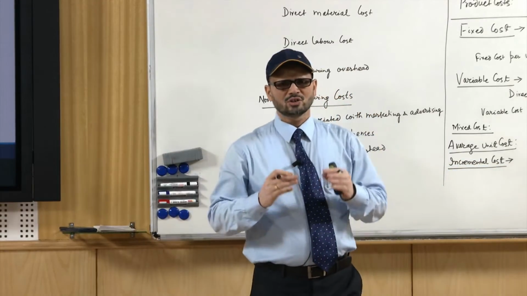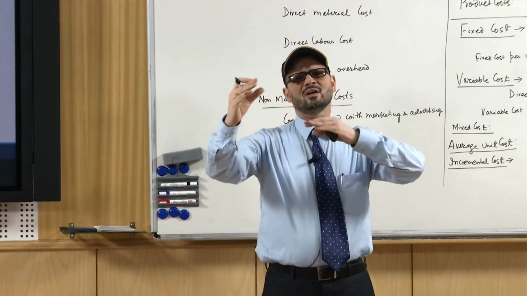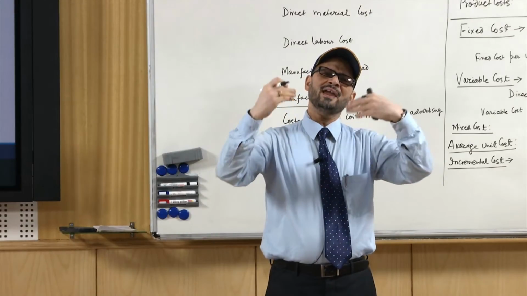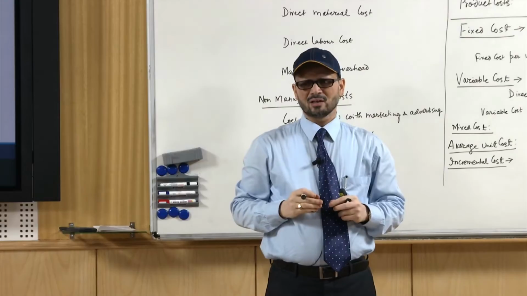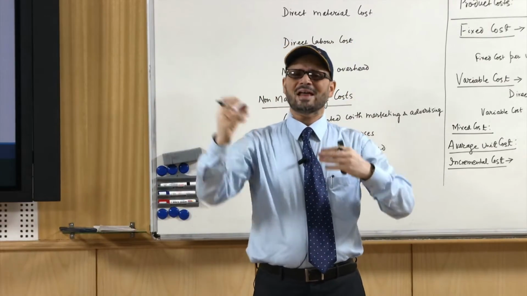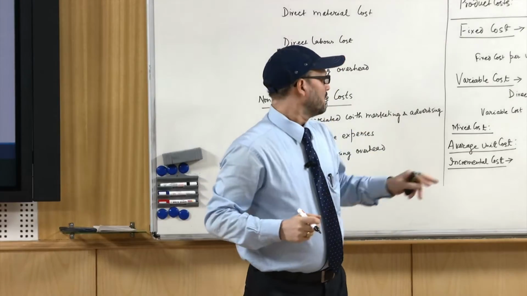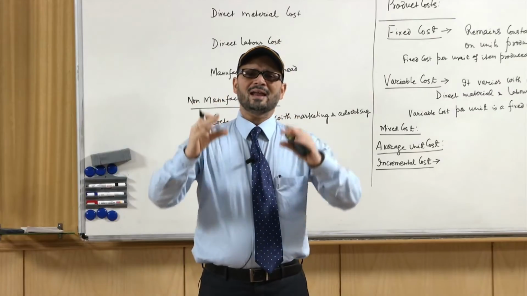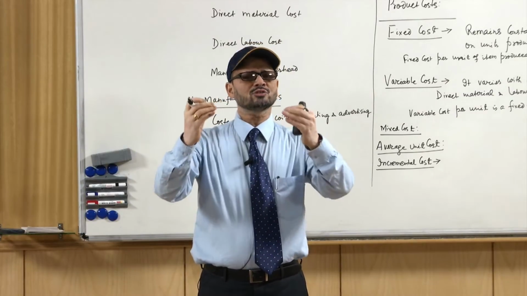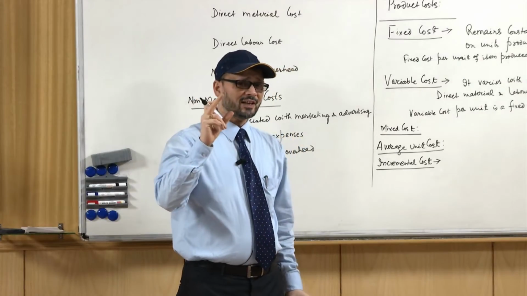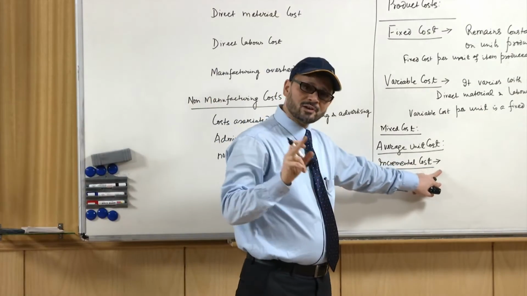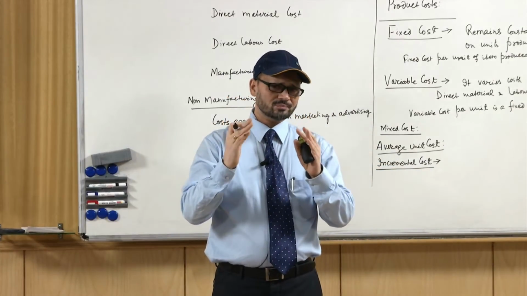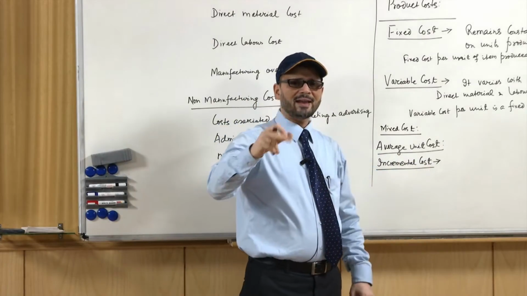Suppose your production capacity is 3000 units and it is expected to make another 100 units above the normal. If for making the 100 units you are incurring something close to 5000 rupees, then 50 rupees per unit is the incremental cost. So, this incremental cost is the cost used for making one extra unit.